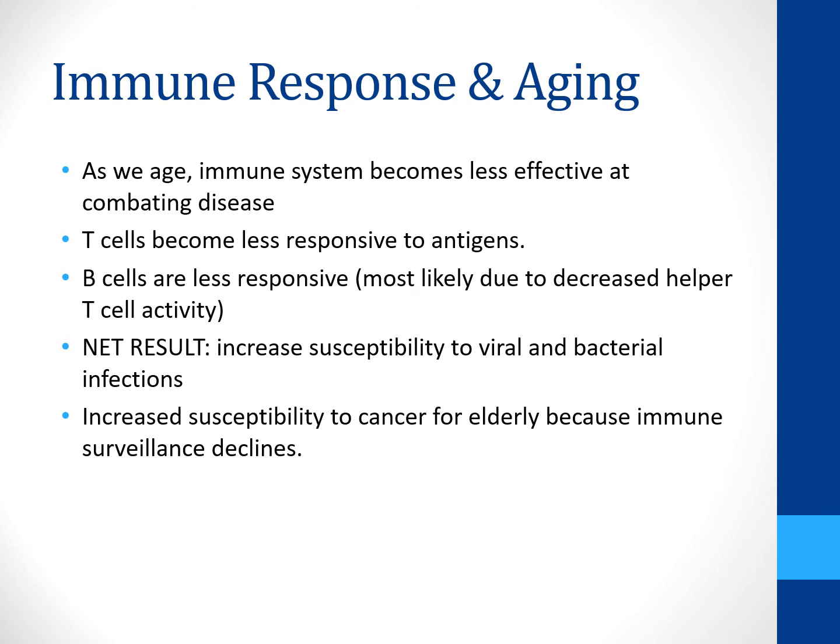Without T helper cells, B cells cannot get stimulated, and then they cannot create additional antibodies. So the net result of that is an increased susceptibility to viral and bacterial infections, as well as decreased immune surveillance through the natural killer cells. So you have increased susceptibility to cancers forming and not being able to be taken care of by the immune system.